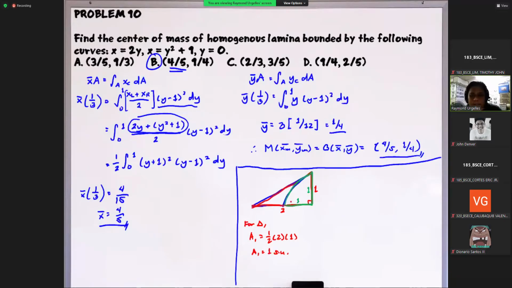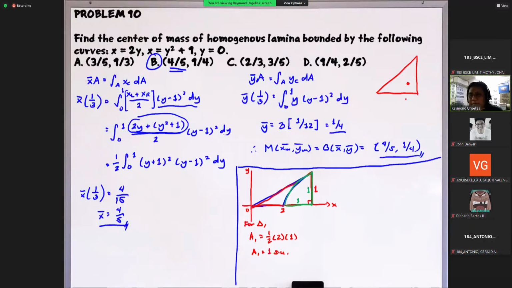And for its centroid, remember, here is the x-axis and y-axis in the figure from earlier, and this is the origin. What we remember for a right triangle is that its centroid is somewhere here, such that its distance from the base is 1/3 of the height. Its distance from the side is 1/3 of the base.